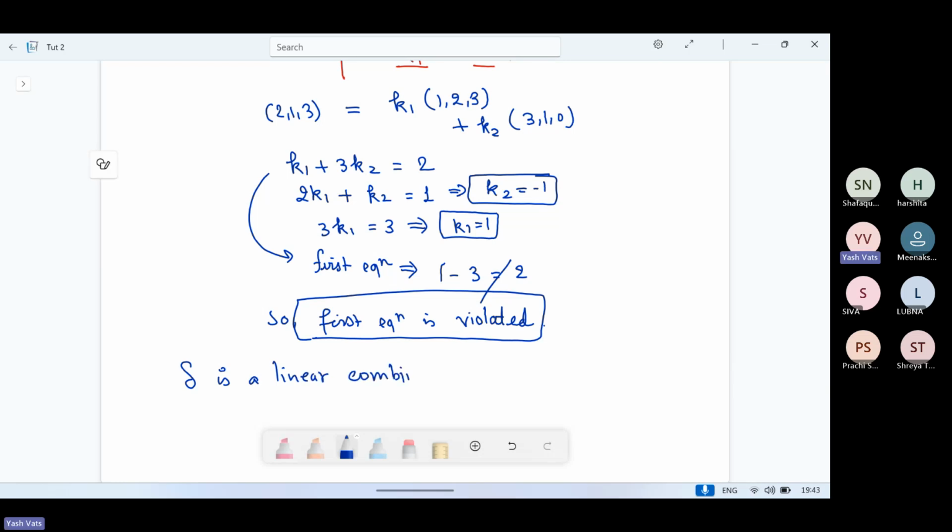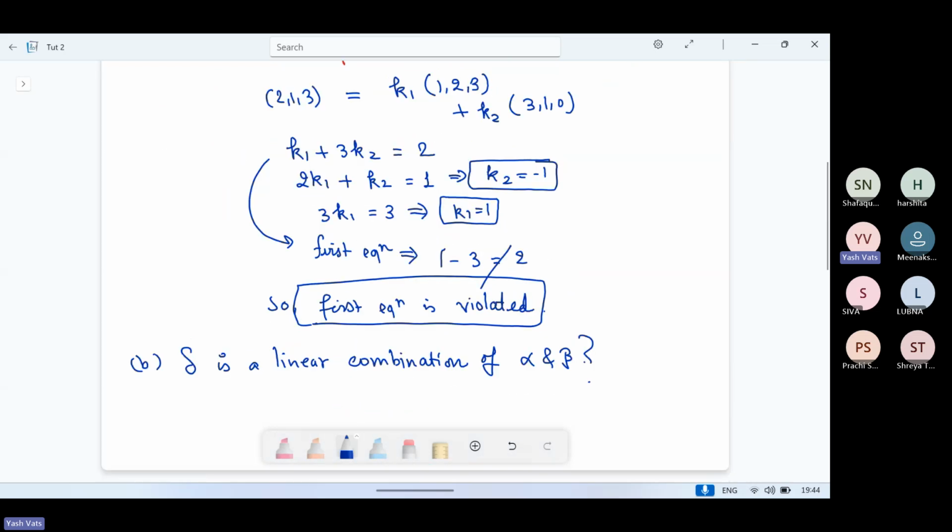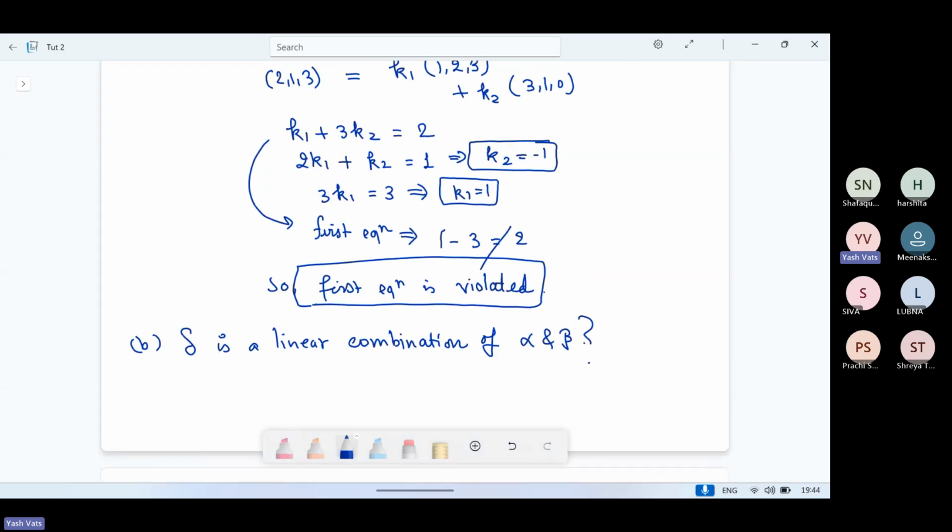Can you check it once and tell me is it correct or not? If everybody understands this first part, yes? So it's very easy. Just check the second part if it's true. In the sense, can you do that? I think you can do the same approach and you can find out the solution. Is it very clear?